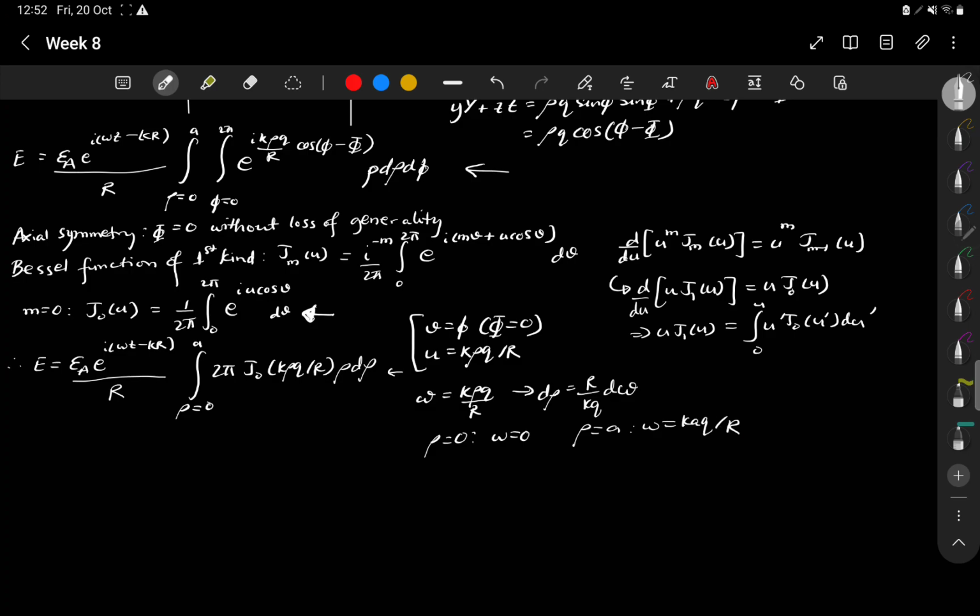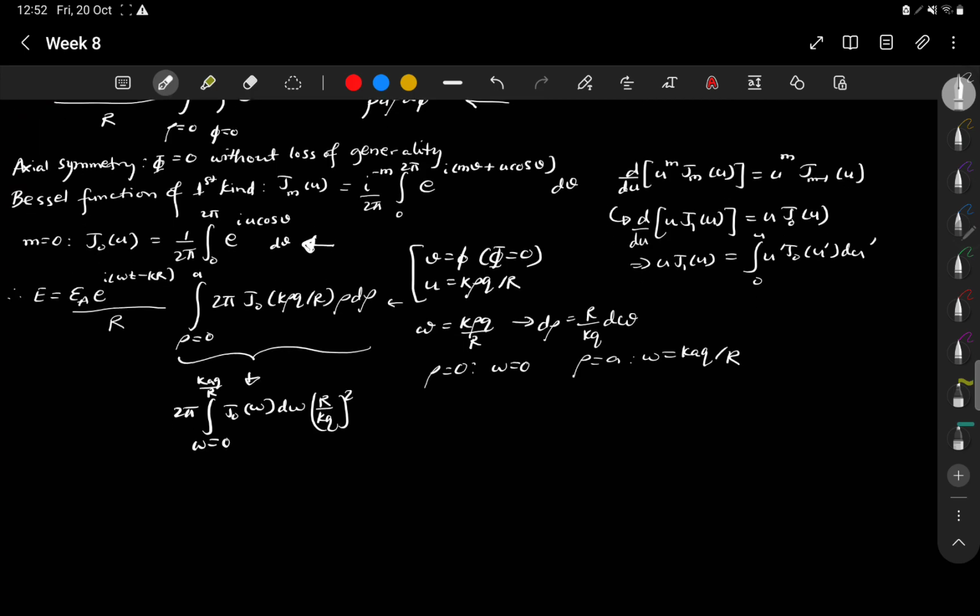So this integral would then become the integral over w, and now this integral, we can make use of this identity over here.